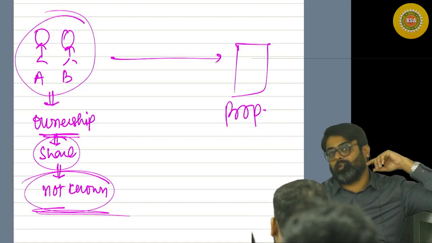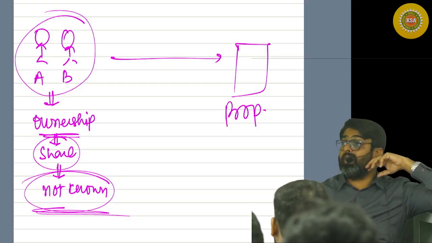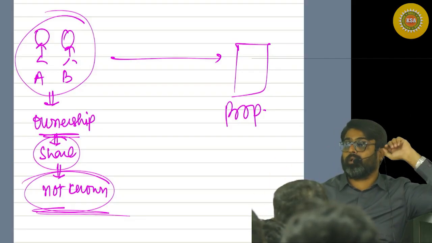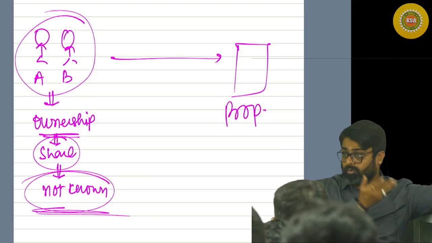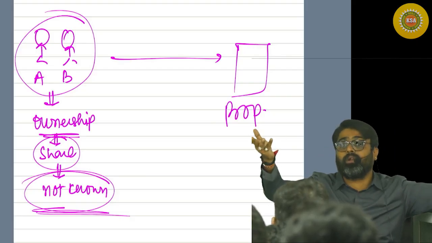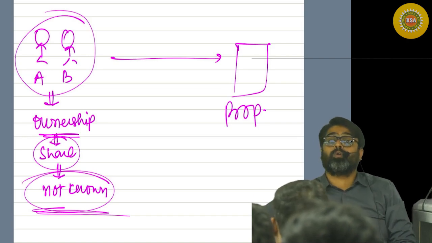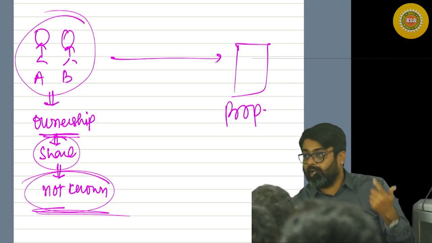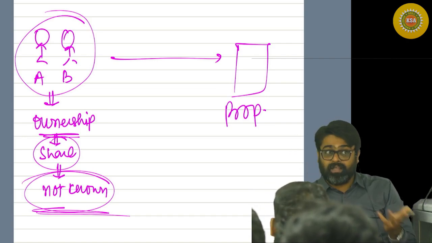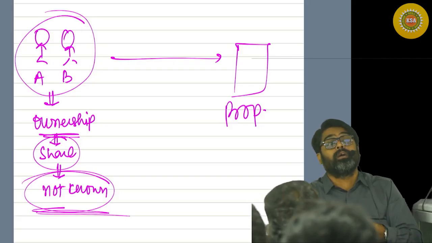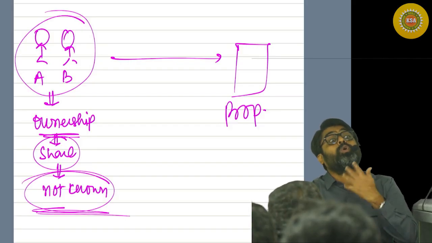He did not mention all these things. Or one son will have 60%, another son will have 40%. He did not mention. If he would have mentioned, then the share is known or can be ascertained. Yes or no? But he just wrote that after my death, the property will belong to both my sons. That's it, and he died. He forgot to mention that out of this property, how much share belongs to which son.